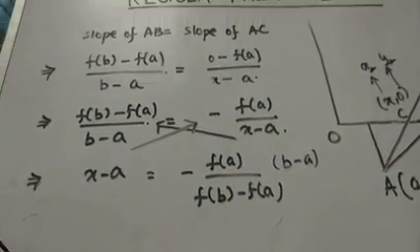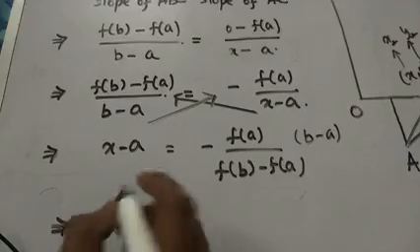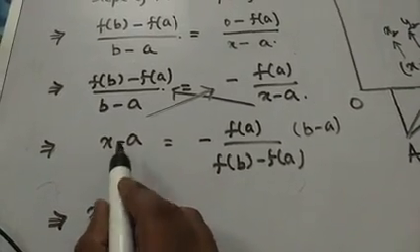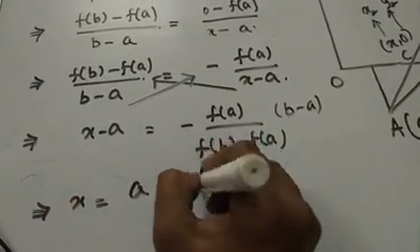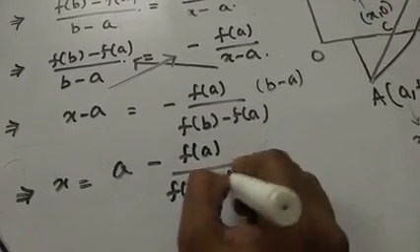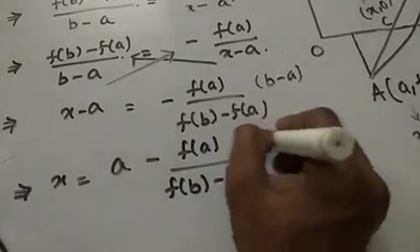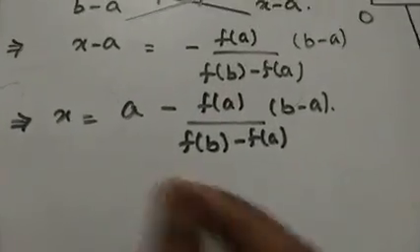Clear? After that, this minus a, if it goes from this side to that side, it will become plus a, that is x equals a minus f of a by f of b minus f of a into b minus a. Now we will take a simple LCM and simplify that.